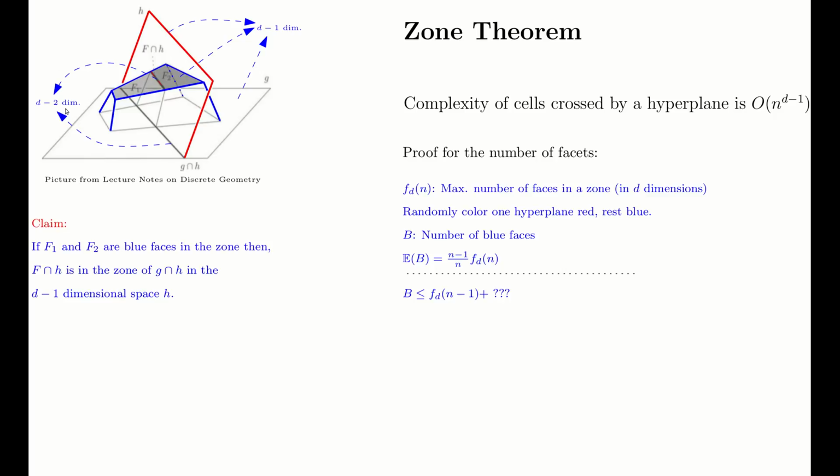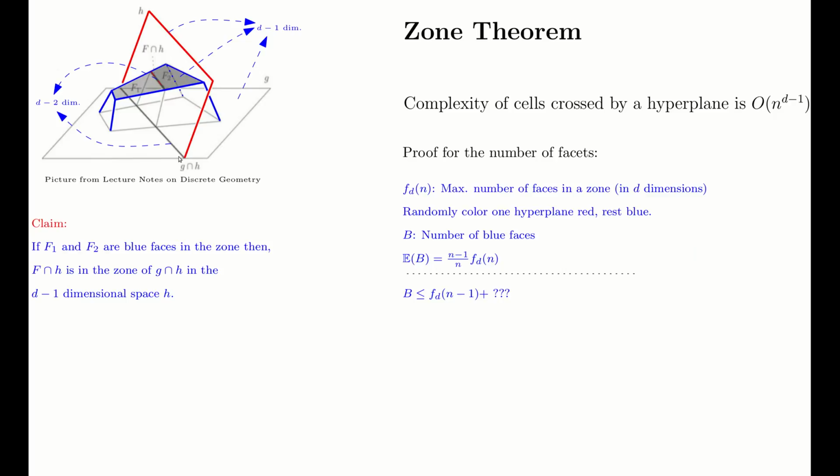The claim is that if H cuts F into two new blue faces, then this object, which is a d minus 2 dimensional object, lies inside the zone of this object, which is a d minus 2 dimensional object, where both of these objects live inside the d minus 1 dimensional space H. Okay, let's see why this is true.